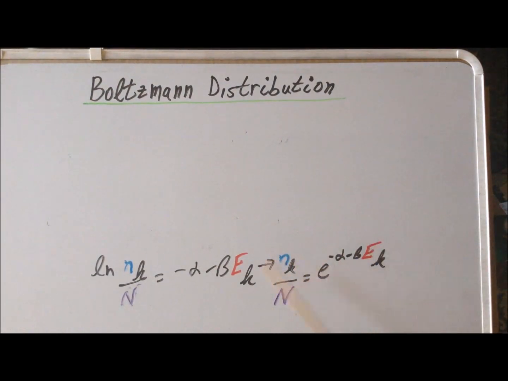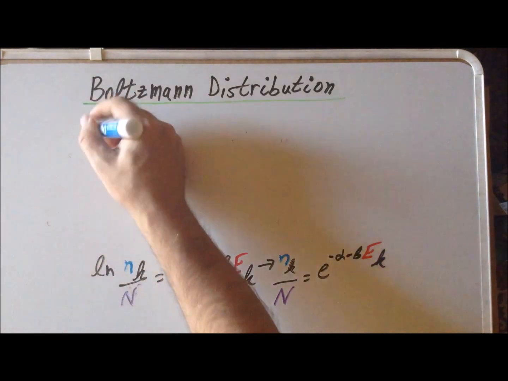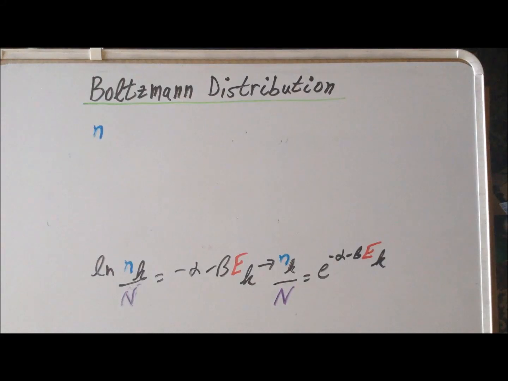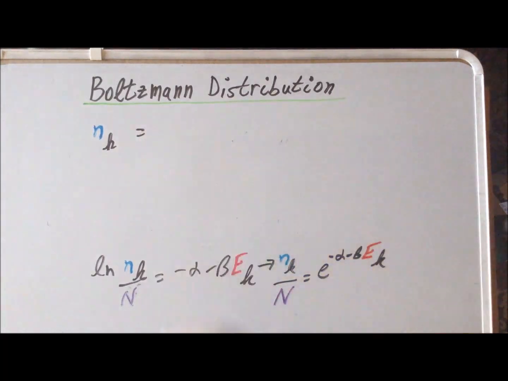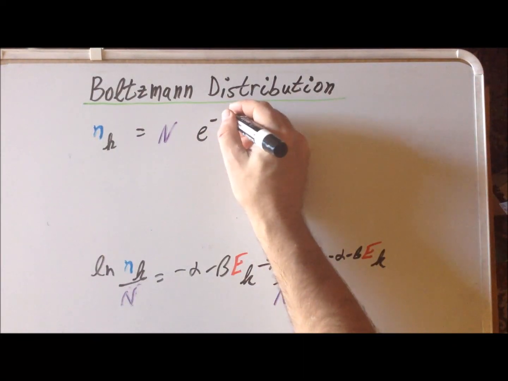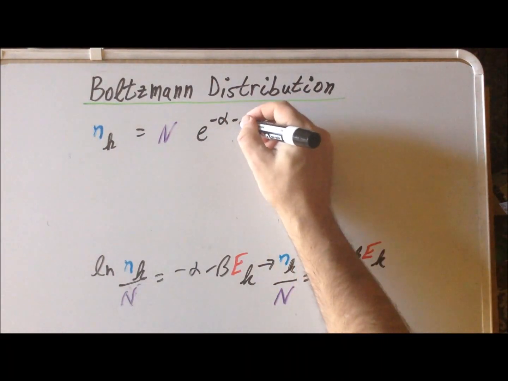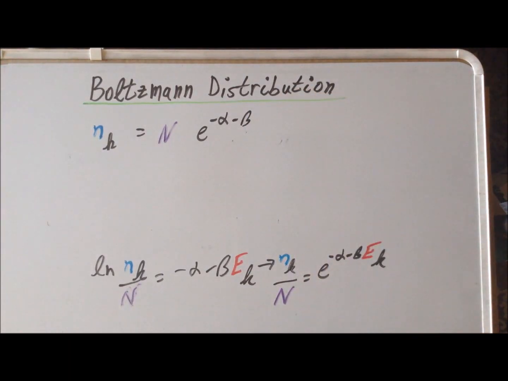We are going to use this expression further as is in a second, but let's also do a manipulation on this particular expression, multiplying each side by the big N. So that gives us that n sub k is equal to our big N times e to the minus alpha minus beta times e sub k.